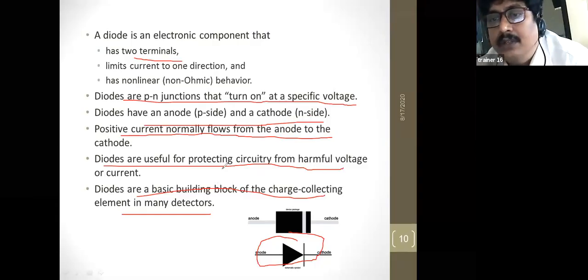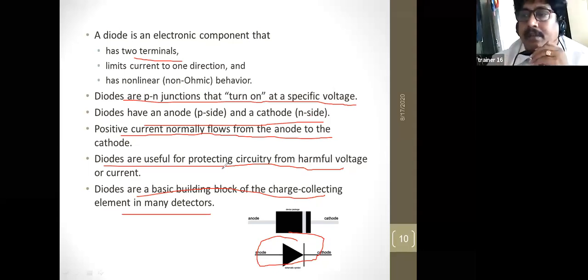That means the component will be under safe conditions by using the diode in the circuitry in front of that particular component. For example, if the component's price is very high, the diode is a very minimum price, very less price.